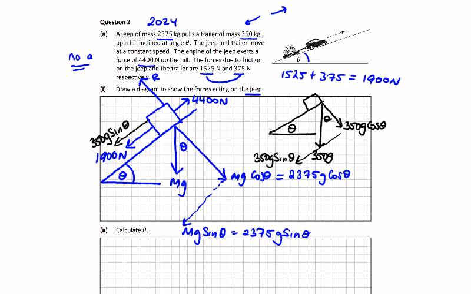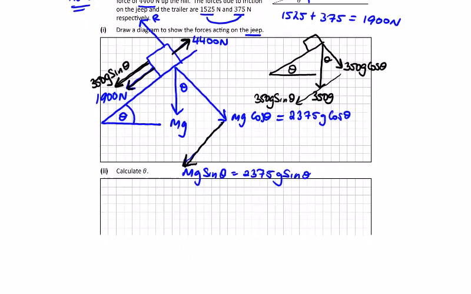So we have, well, we got 3 forces going down in this direction. 1, 2, and the third black one. So with no acceleration, they have to be equal to the 4400 in the other direction. So we can say 350 g sine theta plus 2375 g sine theta.